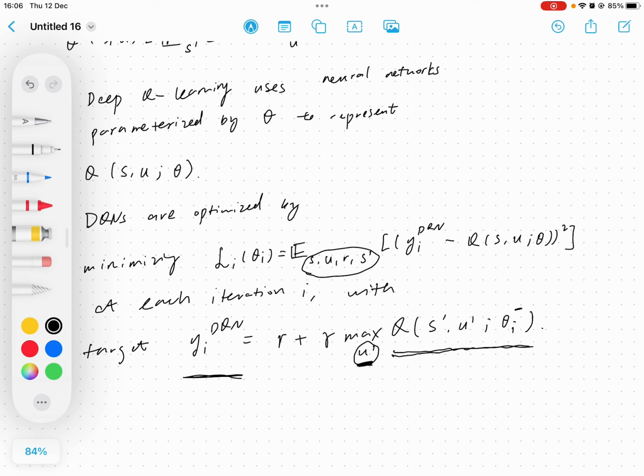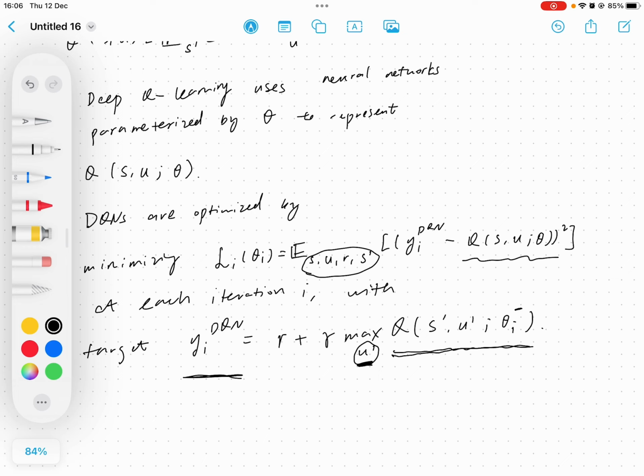That could be regarded as looking into the future, and then we compare that to something else that we output with this vanilla or plain Q function. So that's essentially the idea of this loss function. This is the target.